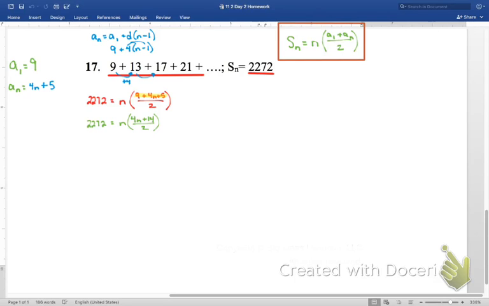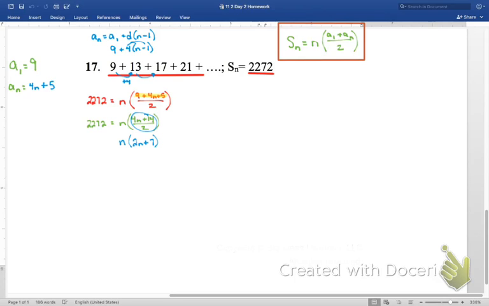So in terms of the 4n plus 14, since both of those are divisible by 2, I can divide both of those by 2 and deal with a little bit easier numbers. It's really up to you as far as if you want to do that or not. But what I would suggest is turning this into n times 2n plus 7.